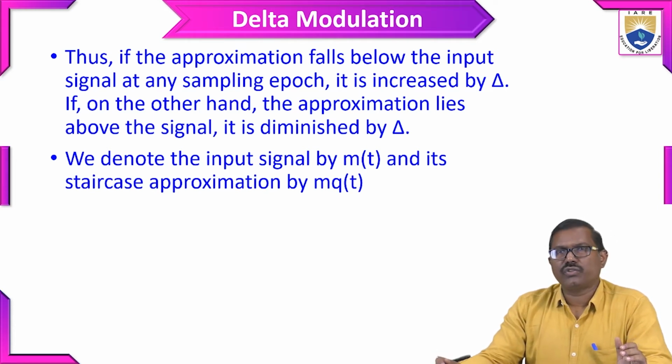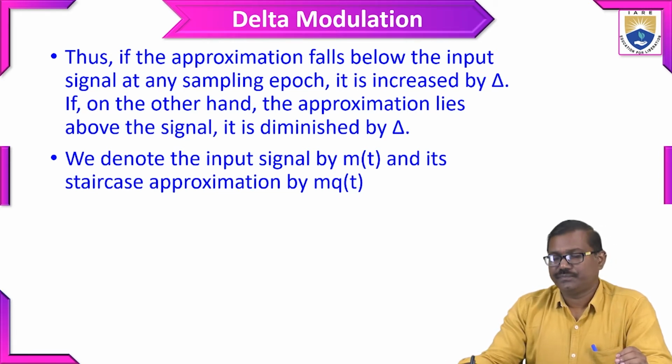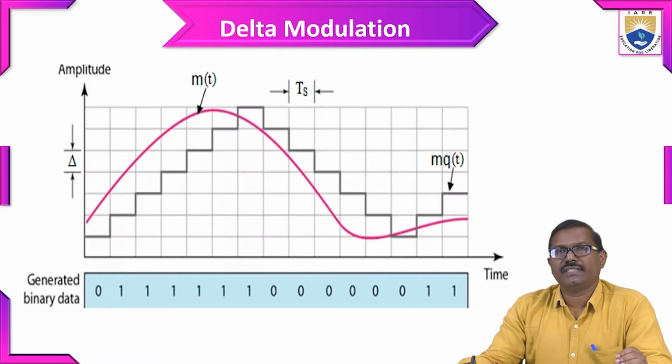So here we denote the input signal as m of t. m of t is a continuous time signal, and its staircase approximation is mq of t. Here you can see this staircase approximation is provided.